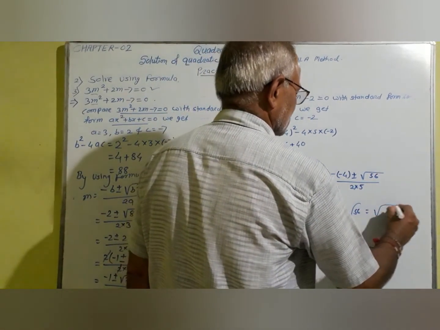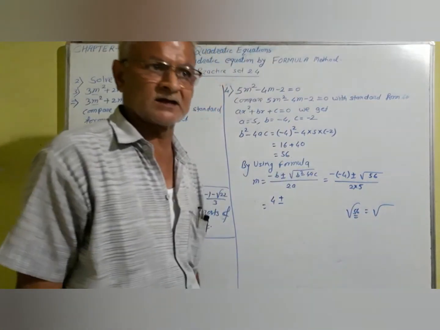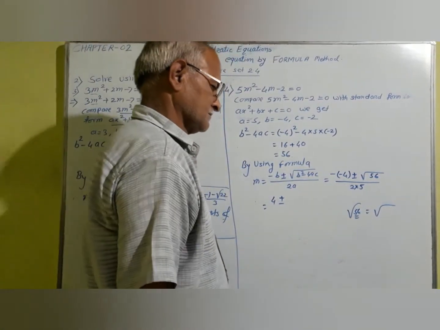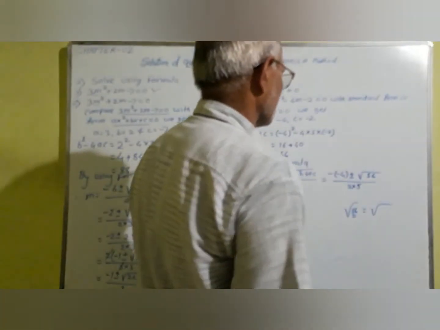You have to factorize this 56 in such a way that one factor is a perfect square, and which is the one factor?